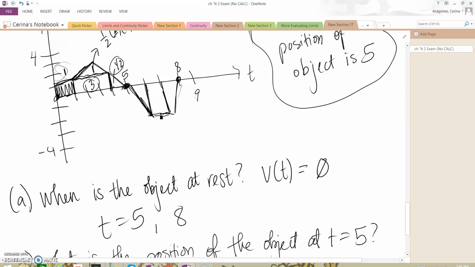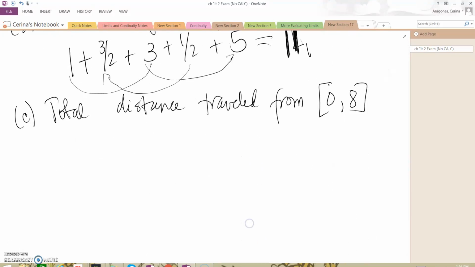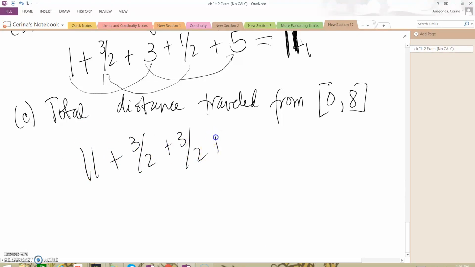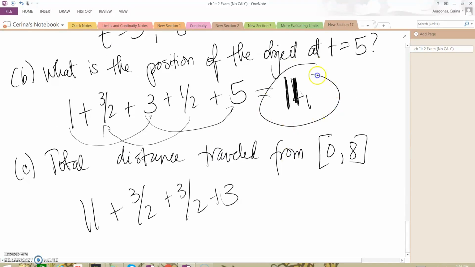So if we find the area of this triangle, it's 1/2 base times height, which is 1/2 times 3 times 1. Same thing with this triangle, I believe. 1/2 base times height. And this rectangle is 1 times 3, which is 3. So we have 3/2 plus 3/2 plus 3. So we've got to add 3/2 plus 3/2 plus 3 to the distance we already found from 0 to 5.